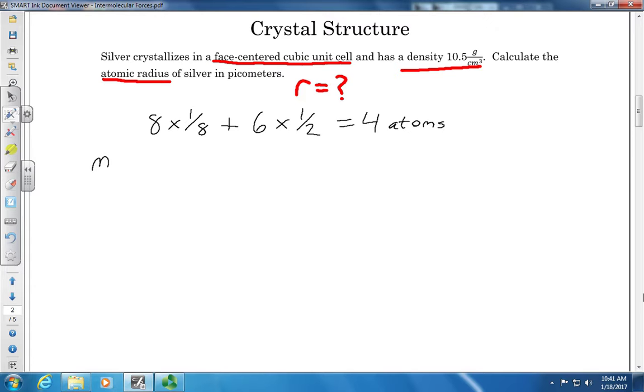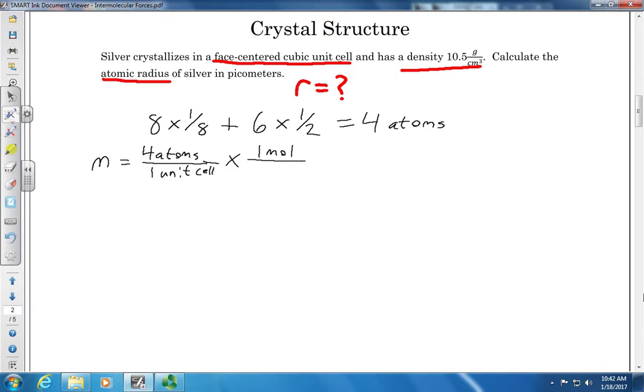So the mass of the unit cell is going to equal 4 atoms per 1 unit cell, and we're going to multiply that by Avogadro's number in relation to the moles.